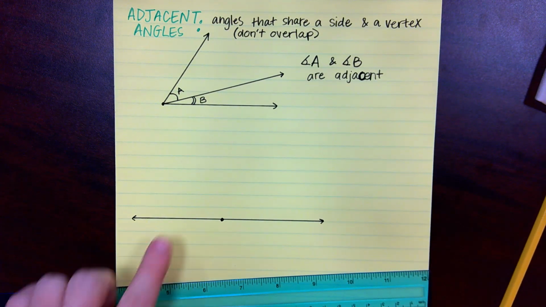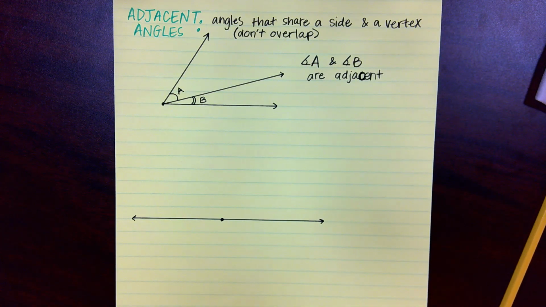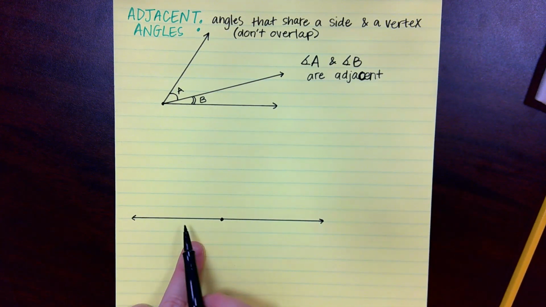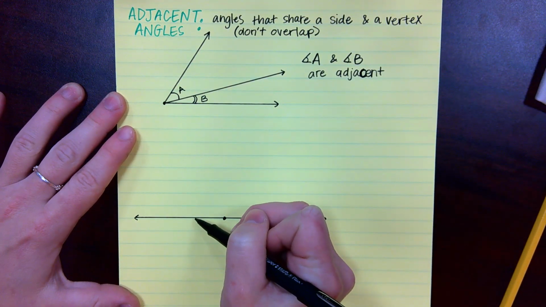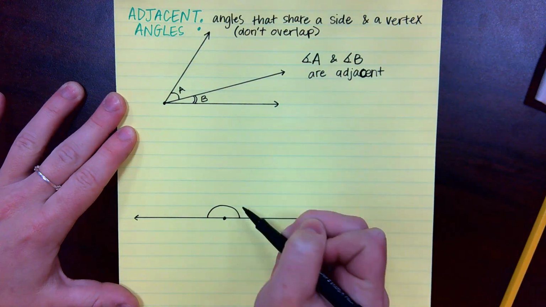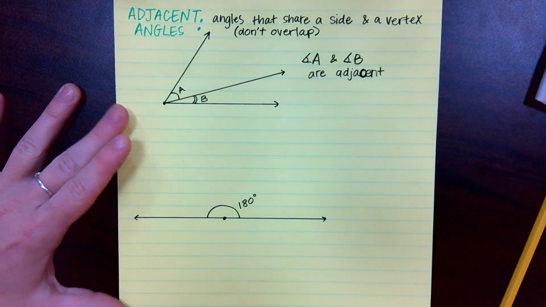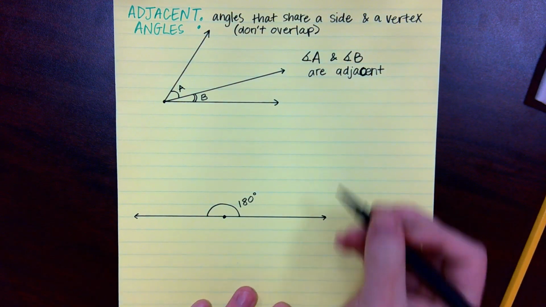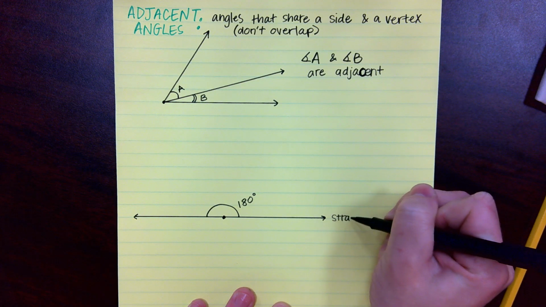You guys know how many degrees is in a straight angle? I'll show you. 180. Yes, very good. So a straight angle is 180 degrees. So I will label this one as 180 degrees. Also write straight.